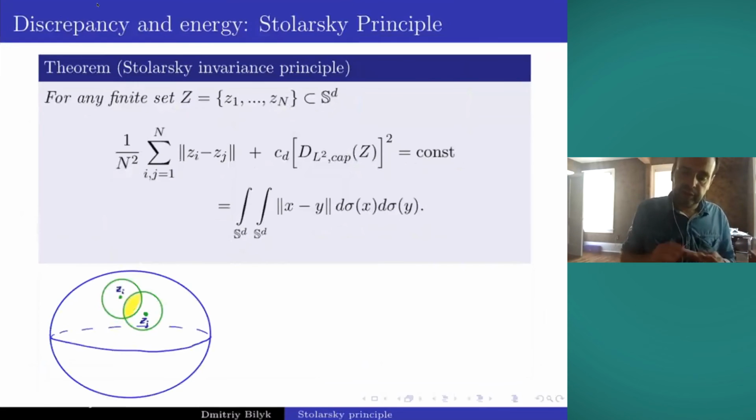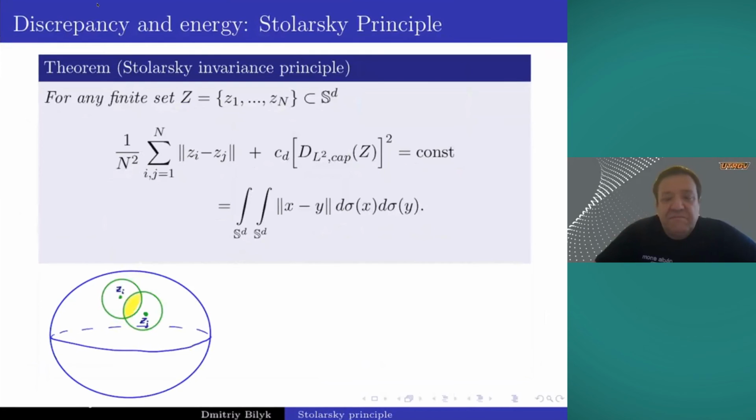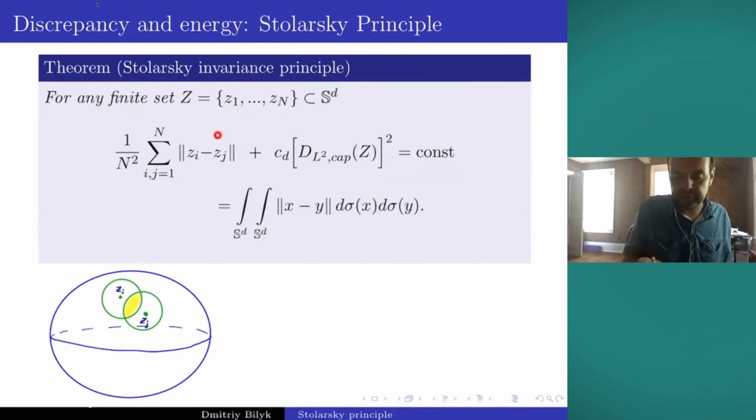So this tells you that for this notion of discrepancy, the corresponding energy is this. And you can check it. It follows from this equality, but you could also check it in other ways, that this energy is maximized by the uniform measure.